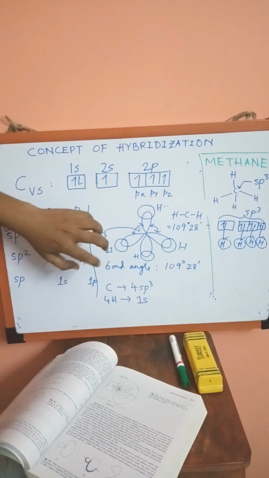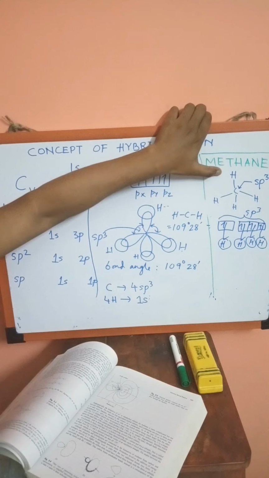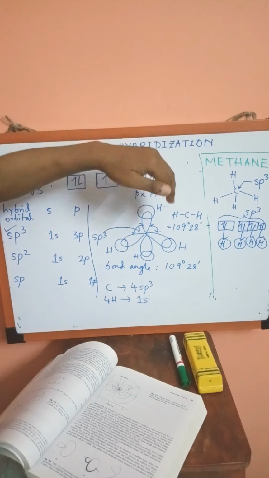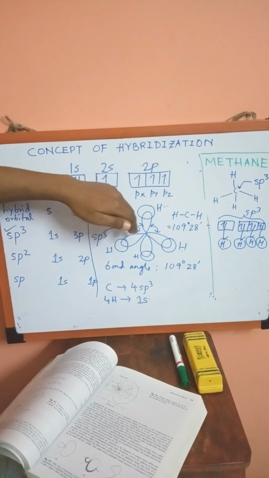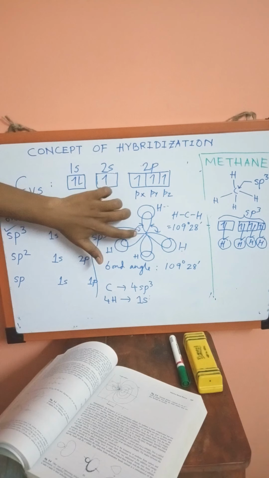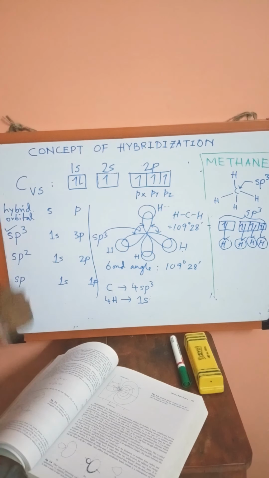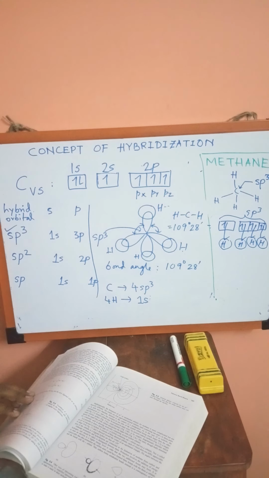The important thing is the stability of the methane molecule in the tetrahedral geometry, and that is possible to attain through the sp3 hybridization of the central carbon atom. So don't make a mess of it, because hybridization is not the reason. The molecule has to be such that it gets maximum stability in that geometry. This is very important.